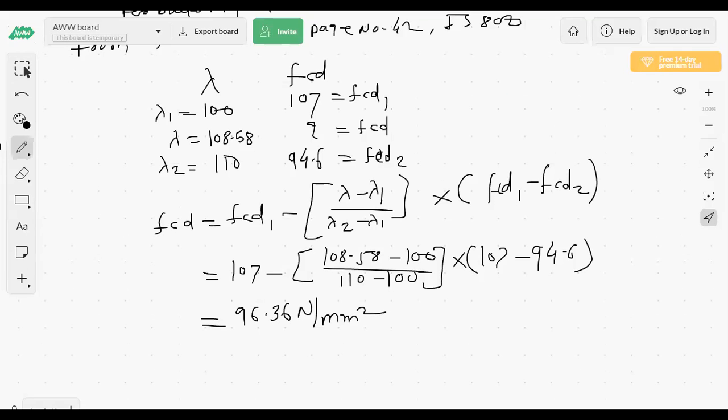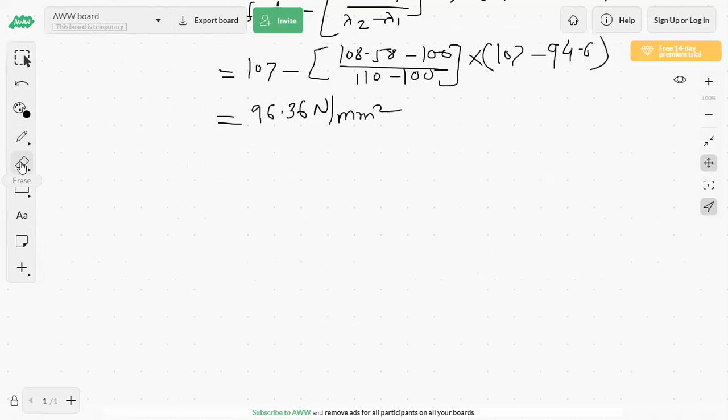Okay, so now put these values into the formula of FWB. B1 is 150 plus N1 is again 150, into TW is 6.7 and FCD is 96.36.